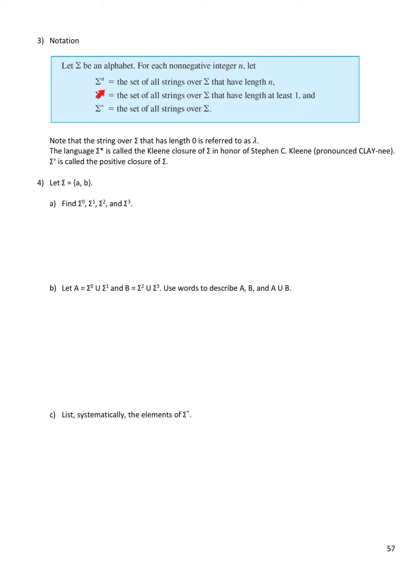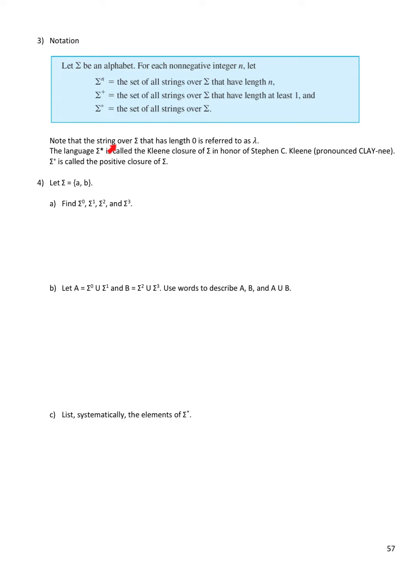That's why the plus means strictly positive, not including 0. Length, positive length. And then sigma star represents the set of all strings over sigma. So sigma star is really sigma plus with lambda added in. So these are very closely related.